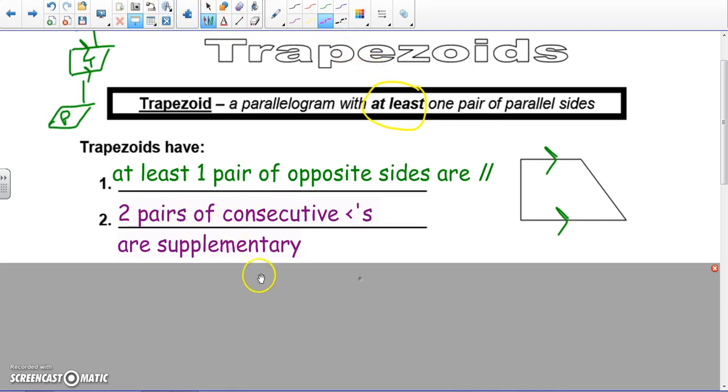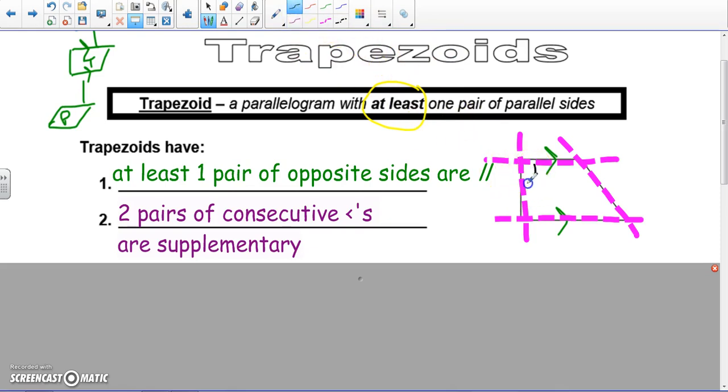Now it also says that two pairs of consecutive angles are supplementary. So we go back to our parallel lines cut by a transversal. There's our parallel lines. There's one option for a transversal. There's another option for a transversal. Remember all our parallel lines cut by a transversal rules.